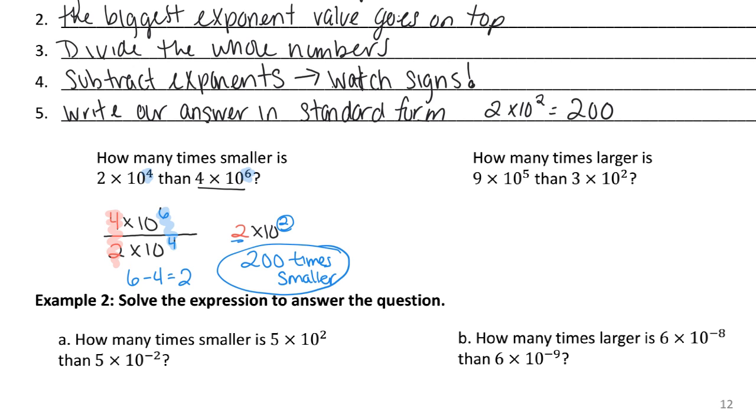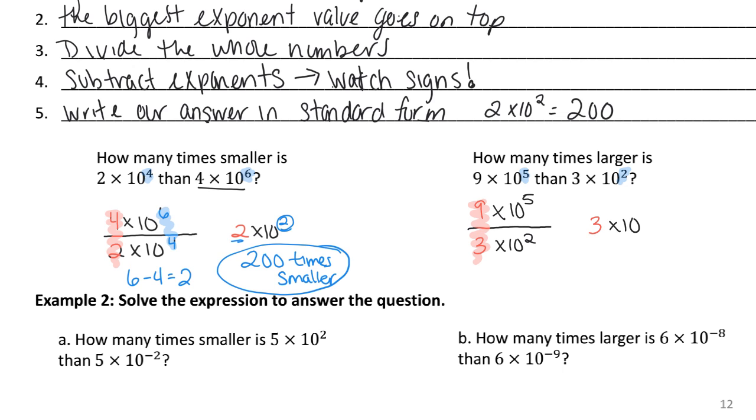All right, let's do one more together. Then I'm going to let you do the next two on your own. Okay, so we have to figure out which has the bigger exponent, 5 or 2. Remember we have to write it in fraction form. So in this case, the 5's on top. So 9 times 10 to the 5th over 3 times 10 to the 2. Divide our whole numbers, and we get 3 times 10.